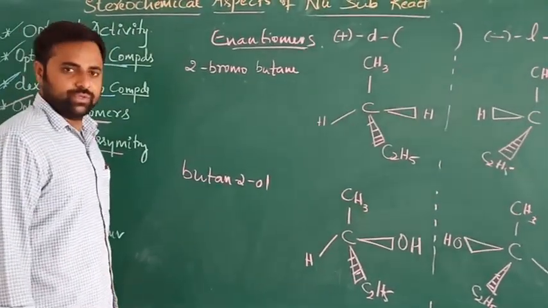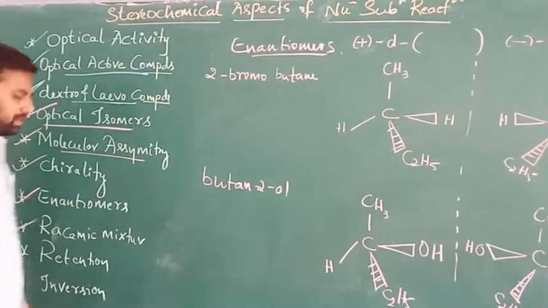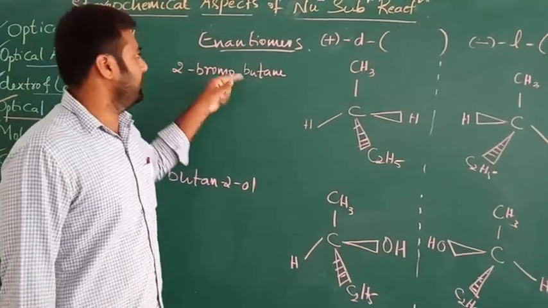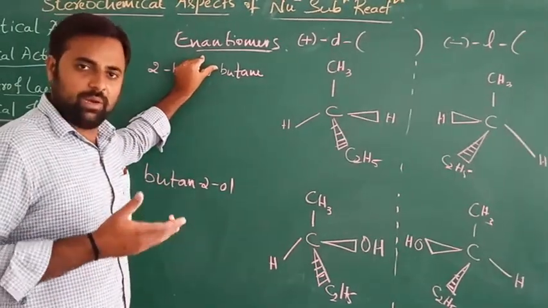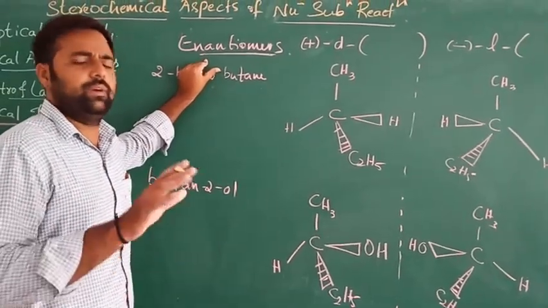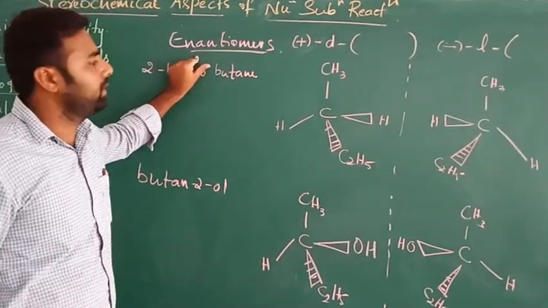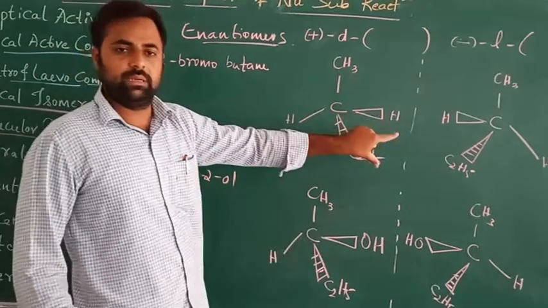Now let us move on to one more condition. Enantiomers have the same molecular formula and same structural formula, but differ in the rotation of plane polarised light. One compound rotates to the right, another to the left.